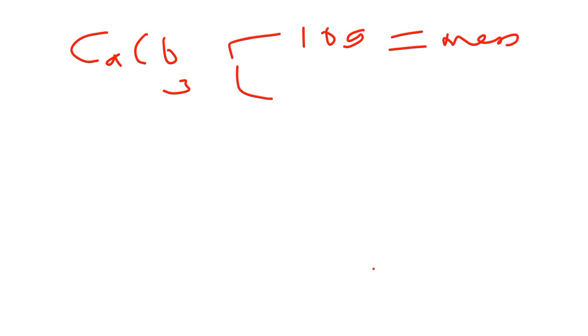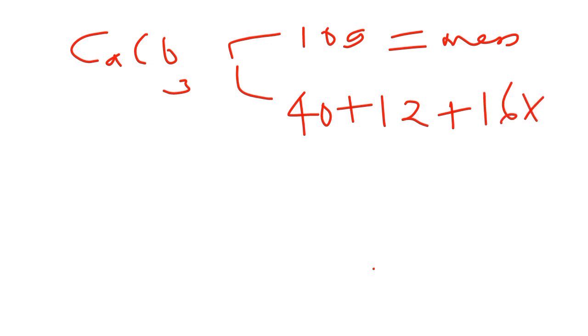But in terms of molar mass, the molar mass of calcium is 40, plus the molar mass of carbon is 12, plus the molar mass of oxygen is 16, but there are 3 oxygen atoms, so we multiply by 3, in brackets.